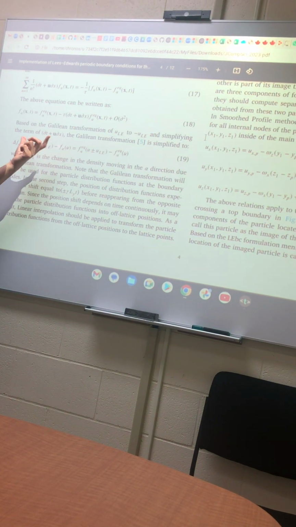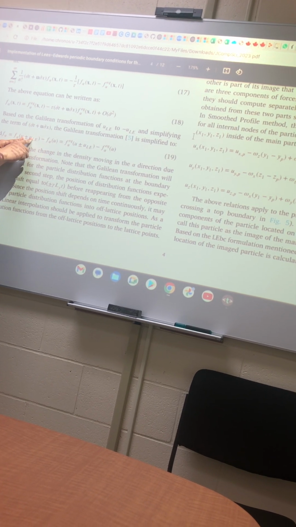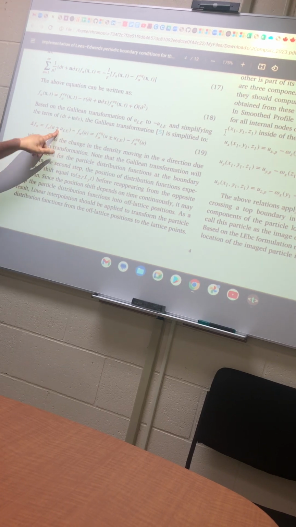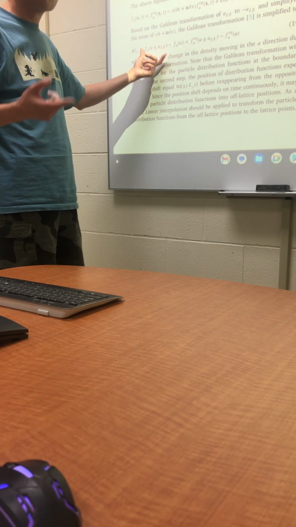So these two things are different because of this kind of shear velocity. What these two basically are is what we have over here, right? And so f at A and f at A prime will be different.